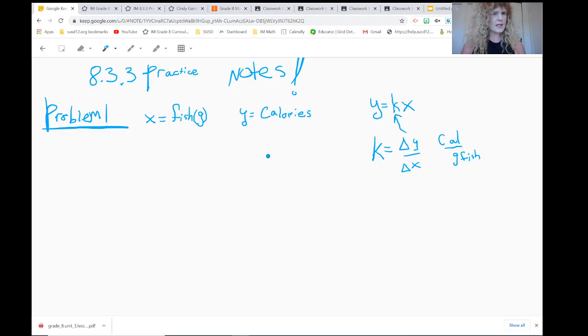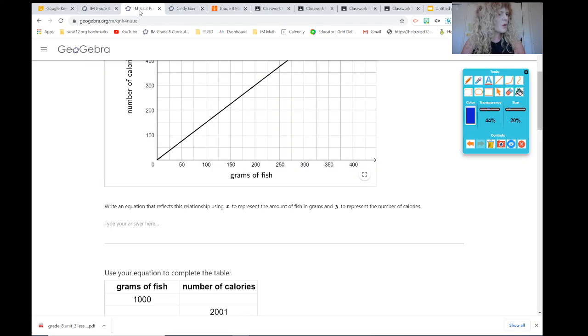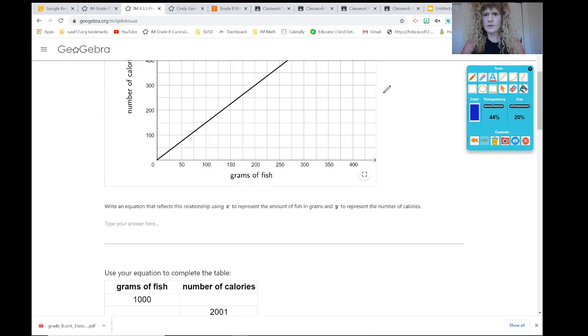Okay, so look again at the graph. What information did we learn? We learned that 100 grams of fish is 150 calories. I'm going to write that right here.